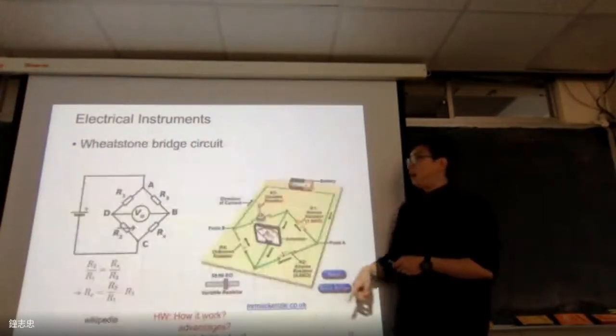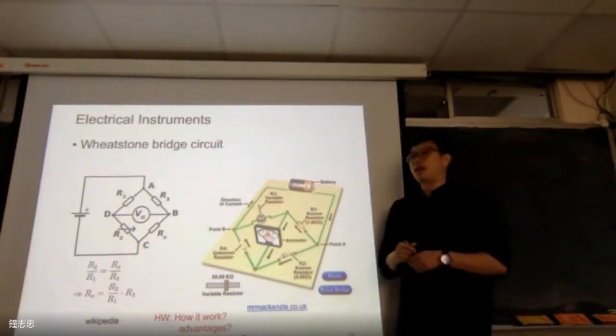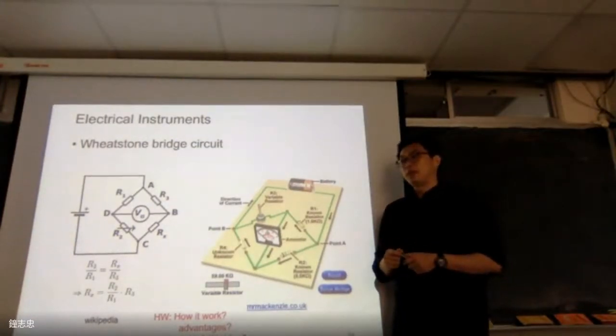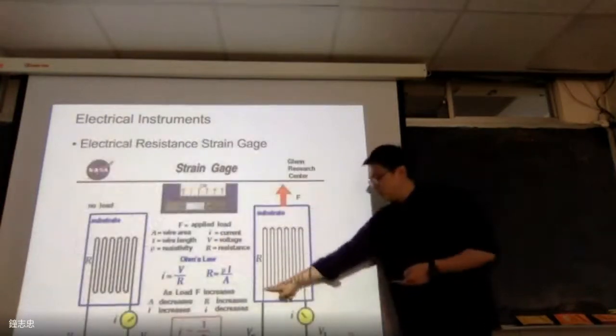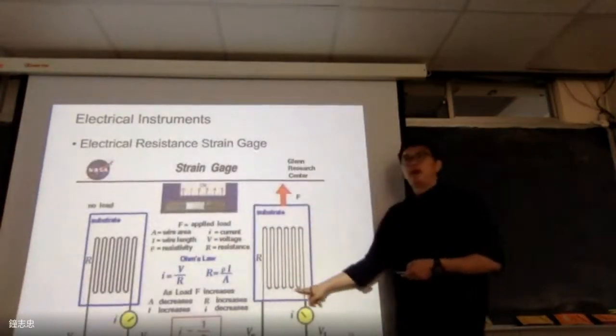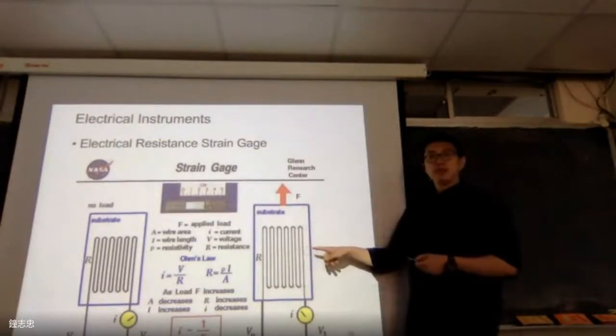So it means we can use the strain gauge to measure any kind of response if this can be changed to the shape of the strain, or the strain of the strain gauge.